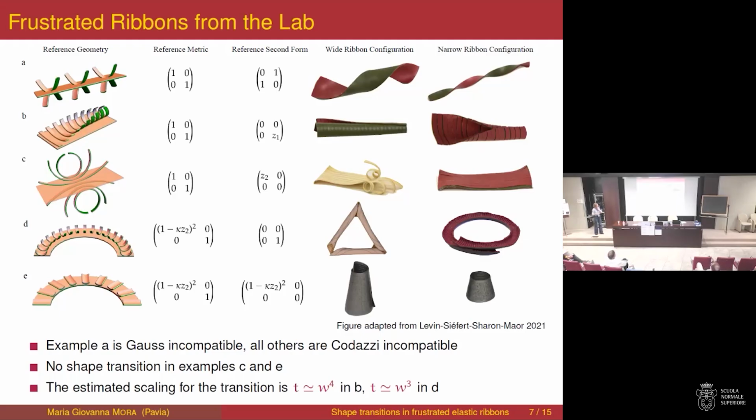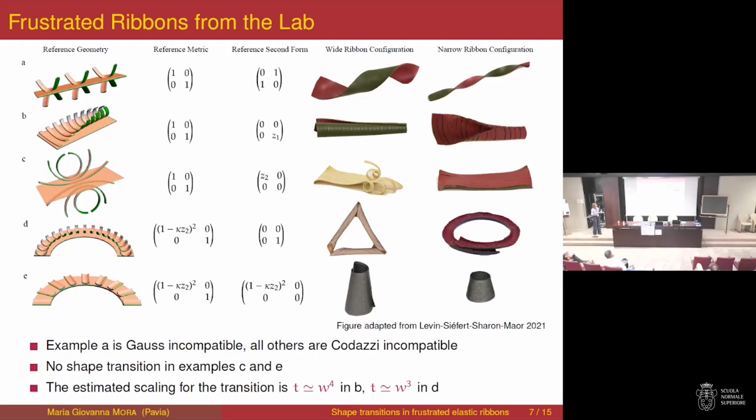Here, don't get confused or puzzled by these curly strips. Here, the ribbon has been cut to show that, in fact, it wants to curve in this way. It wants to curve more close to the edges than at the center. But if you don't cut it, then you observe a very similar shape to this one.